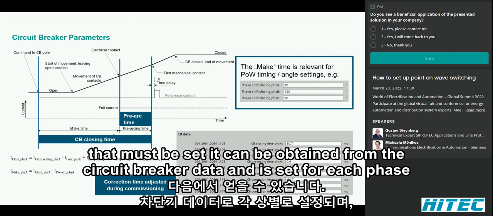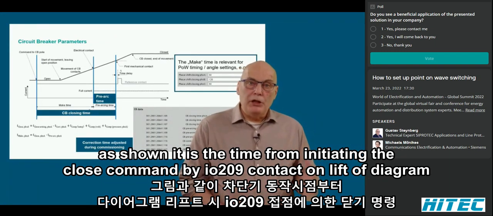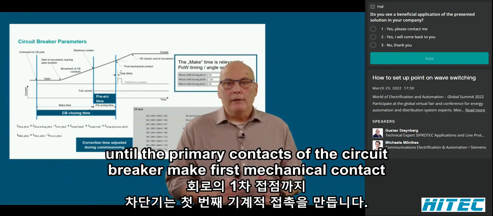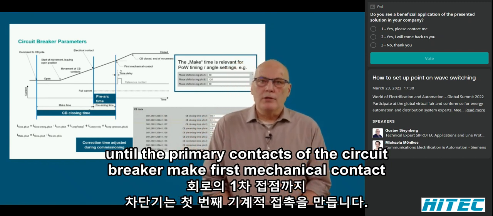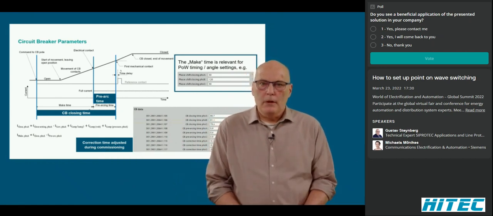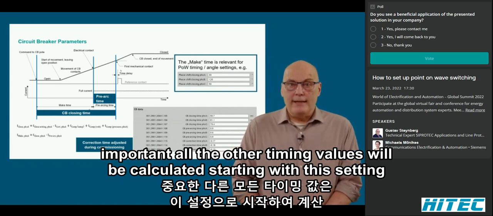It can be obtained from the circuit breaker data and is set for each phase as shown. It is the time from initiating the close command by the IO209 contact on the left of the diagram until the primary contacts of the circuit breaker make first mechanical contact.